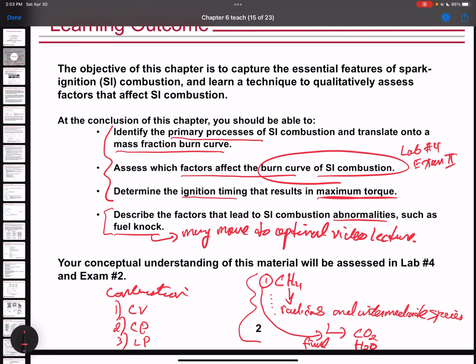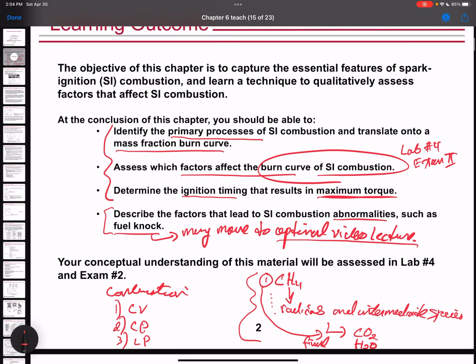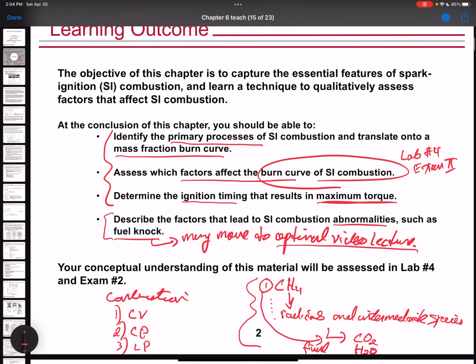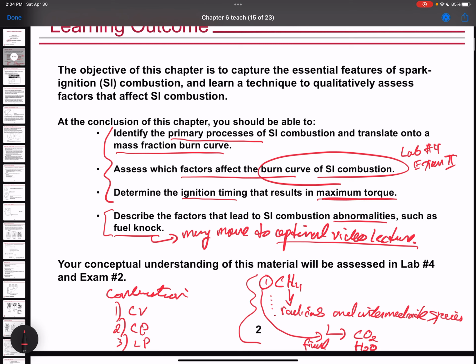I was able to get a little bit further when I last taught this class in 2020, since half the semester was moved to video lecture, and I'm usually able to go a little bit faster when recording video lectures as opposed to being in the classroom and being rigidly constrained to that 50 minutes. And so I do have an optional video lecture that I've created from the 2020 semester. I'm pretty certain I'm not going to be able to get to it, but if in fact we're not able to get to it in the next 3 lecture periods, then I'll post this. And again, that would be an optional video for you to watch at your viewing pleasure.